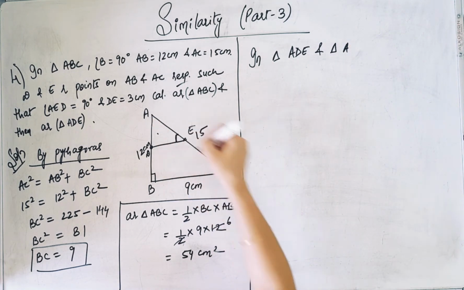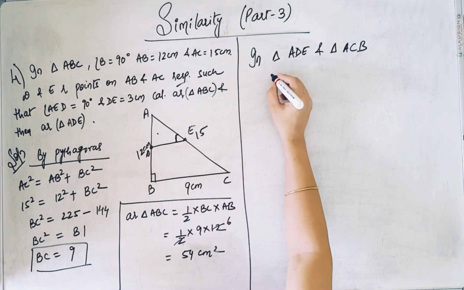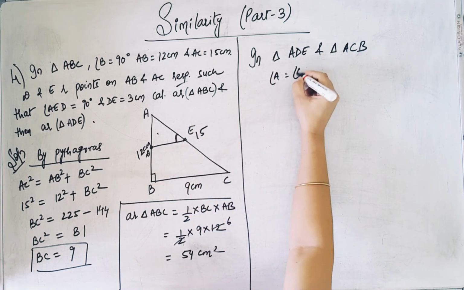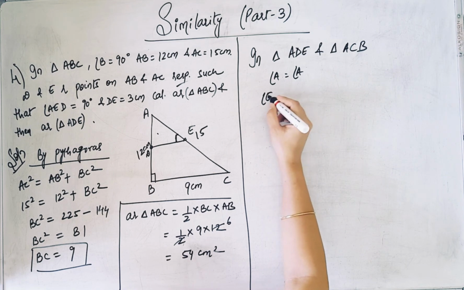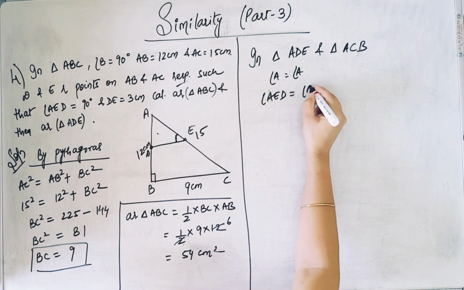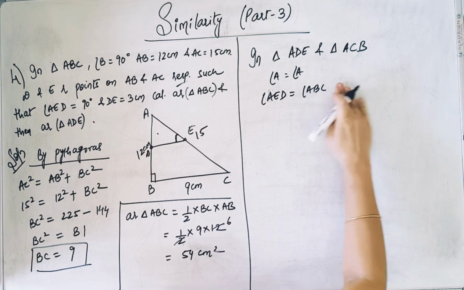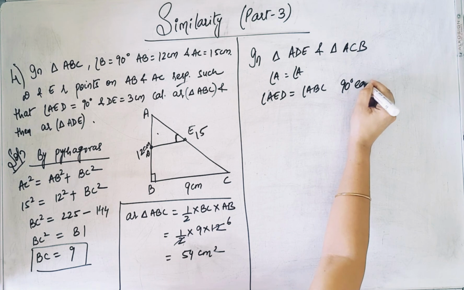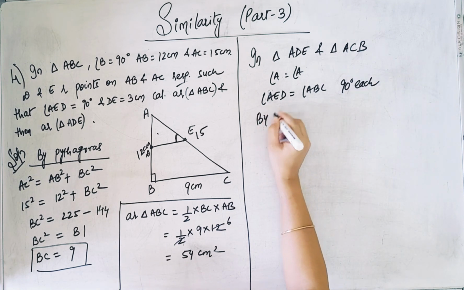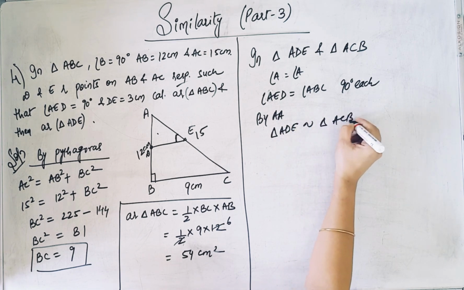It will be ACB because E is corresponding to B. Now angle A is common. Angle AED is equal to angle ABC. Why? 90 degrees each. So by AA similarity, triangle ADE is similar to triangle ACB.